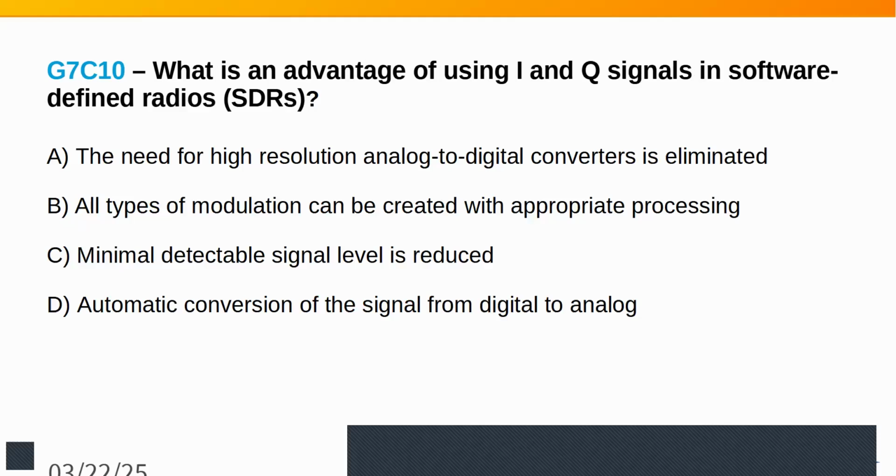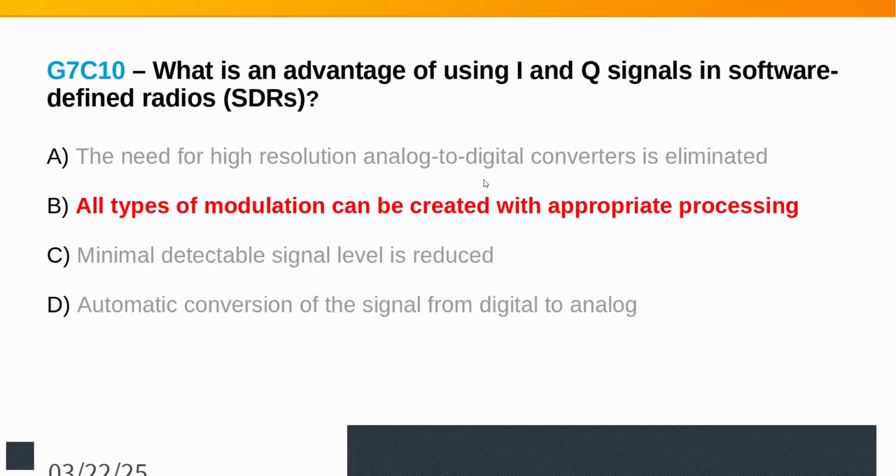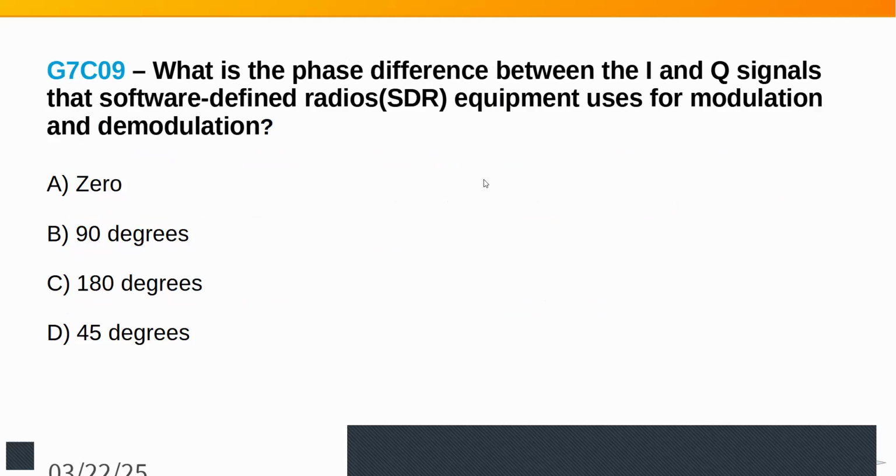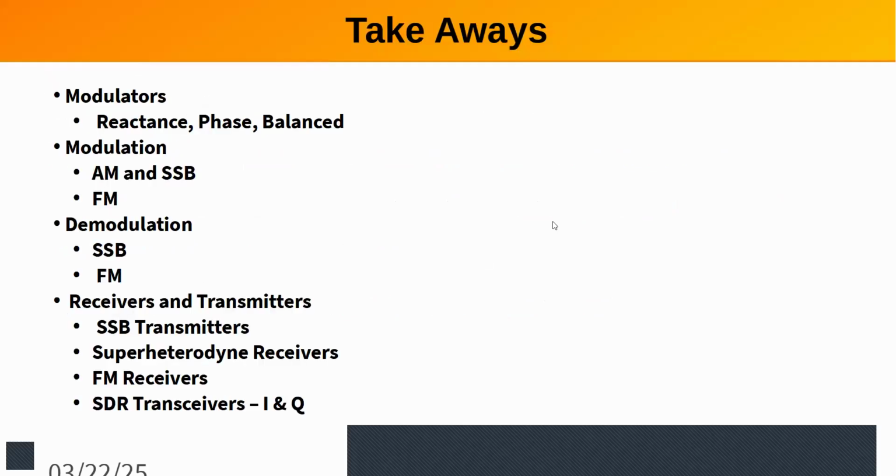It should say all types of modulation and demodulation. What's the phase difference between the I and Q signals that software-defined radio equipment uses for modulation and demodulation? 90 degrees or quadrature.